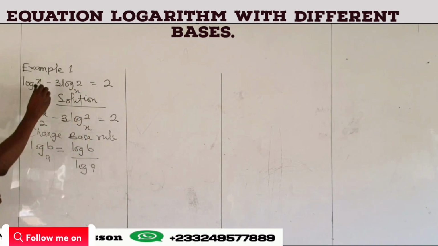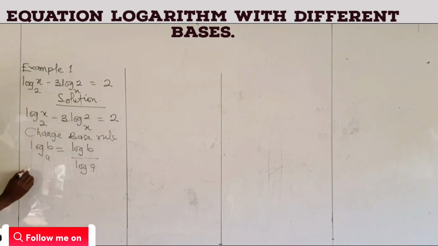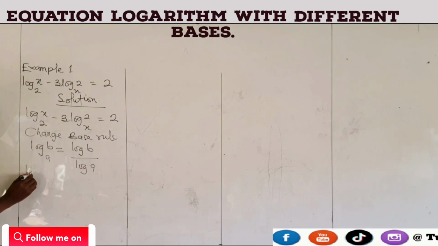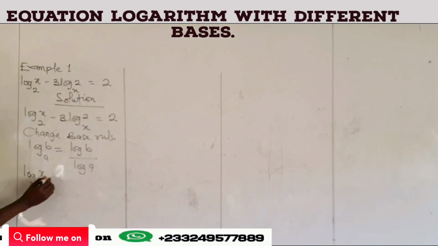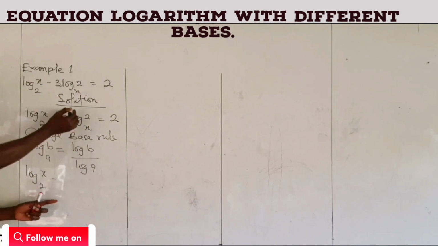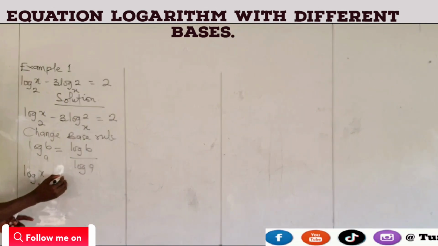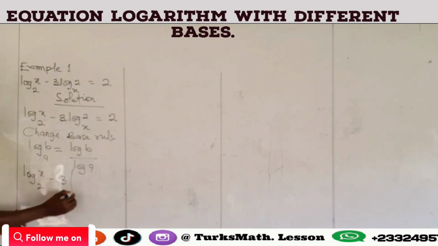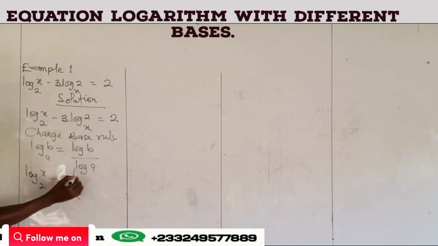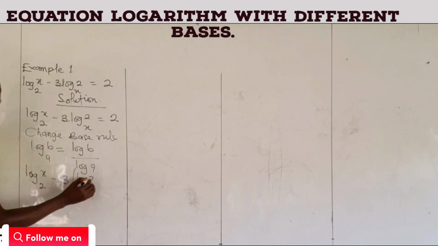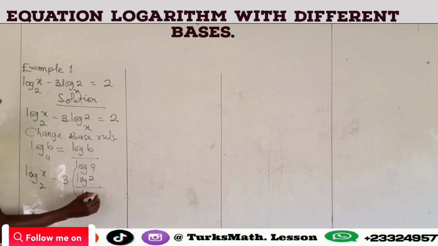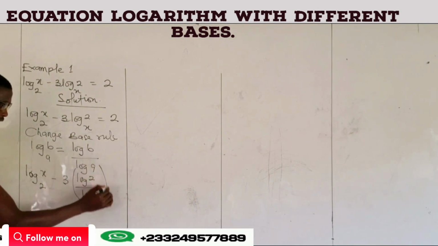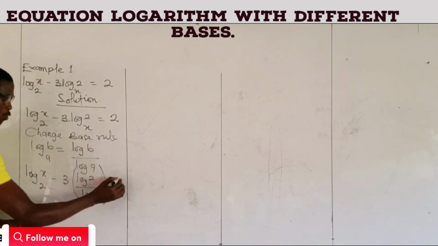Now what should be the change base rule here? We have log x base 2 minus 3, brackets open, we have log 2 out of log x, bracket close, equals 2.